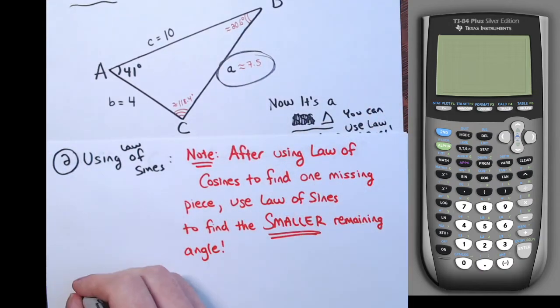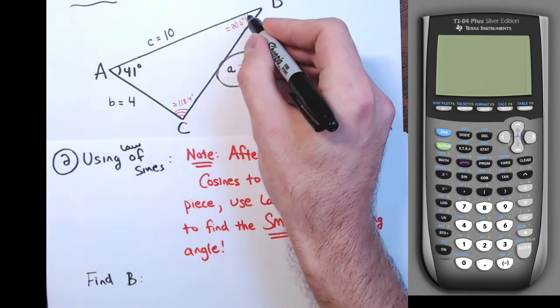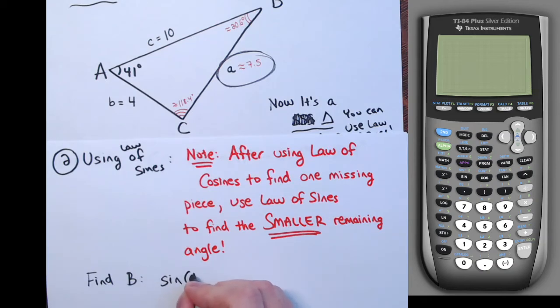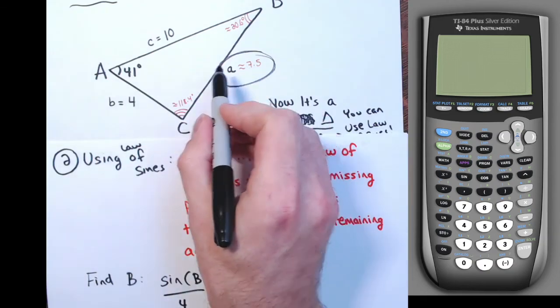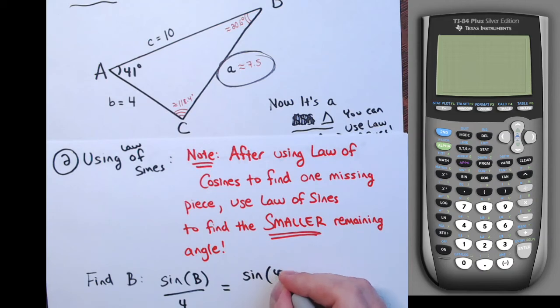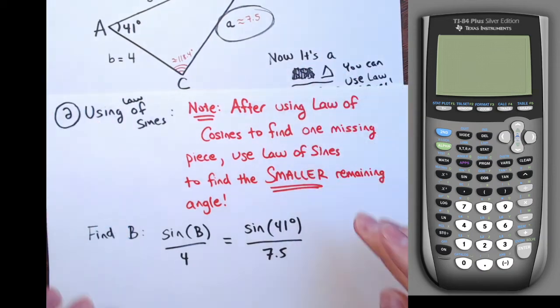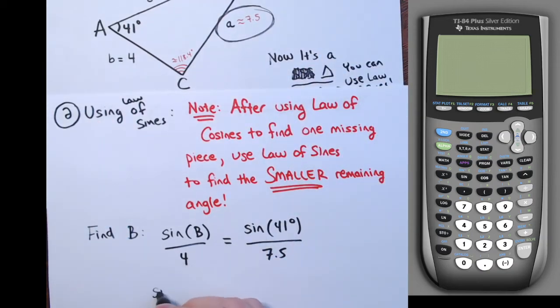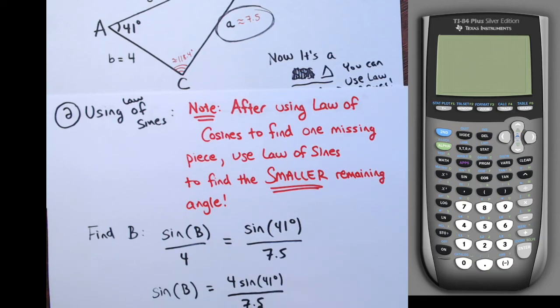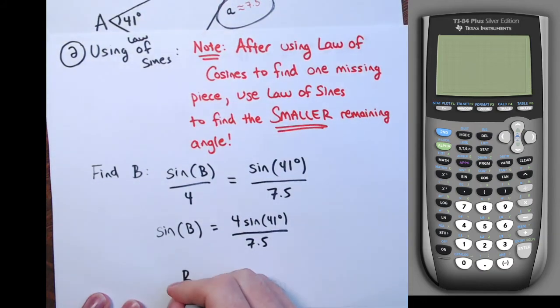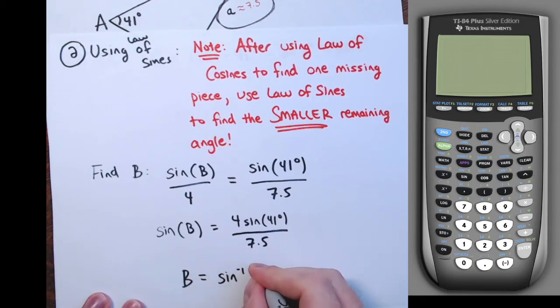So I'll go finding angle B. We'd have the sine of B divided by little b, 4, equal to the sine of 41 degrees, now that I know side A, divided by side A, approximately 7.5. Then I'd multiply by 4. So the sine of B equals 4 times the sine of 41 degrees divided by 7.5. And then take the inverse sine of this expression.